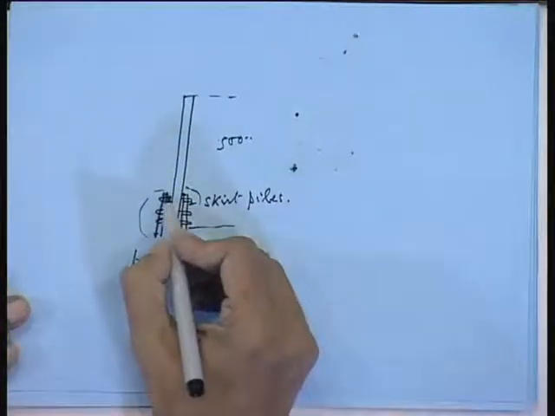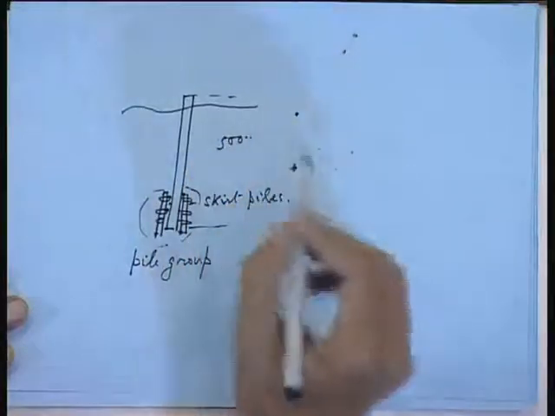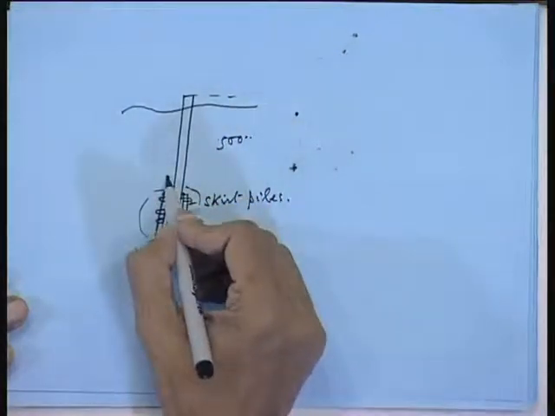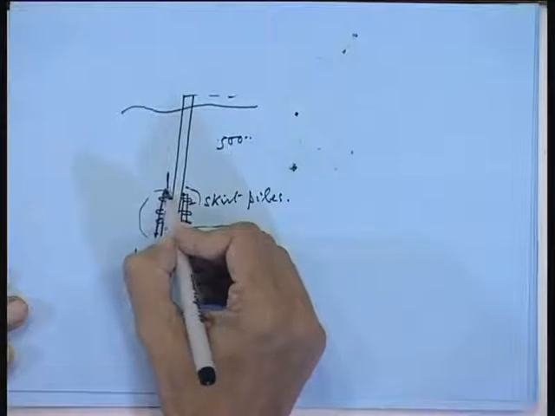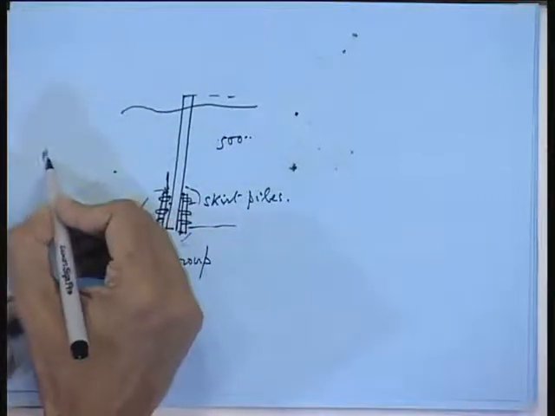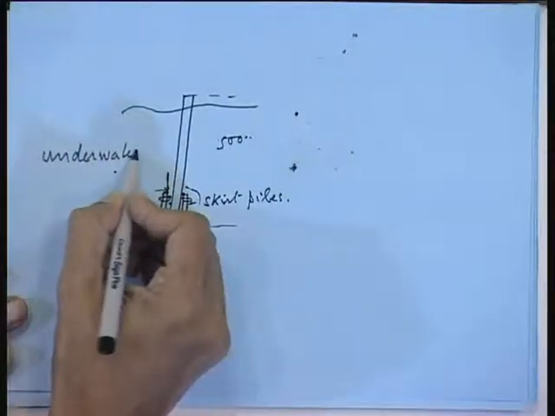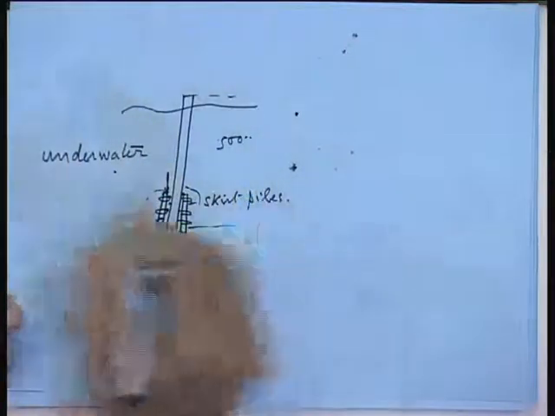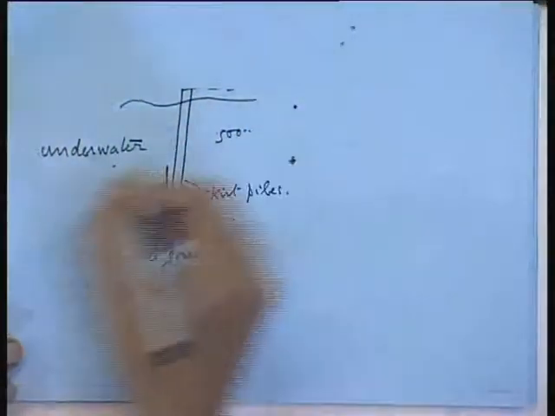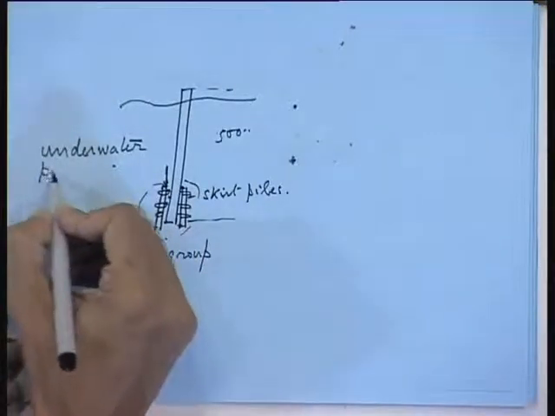These piles are driven below the water surface. So, this is your water surface, you have to drive piles in this mode. This is called underwater pile hammers.